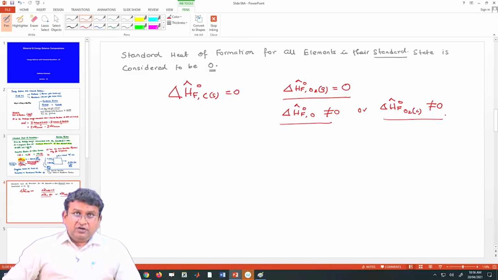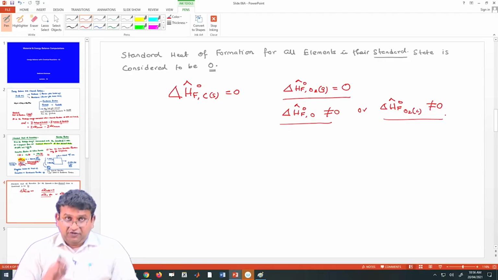Why is it not 0? Because liquid oxygen is not in its standard form. Similarly, heat of formation of O, for example, ion, that is not 0, right, because that is not in its standard form.